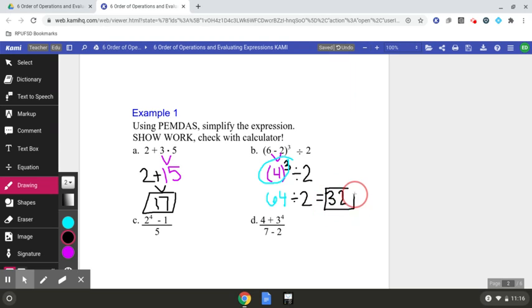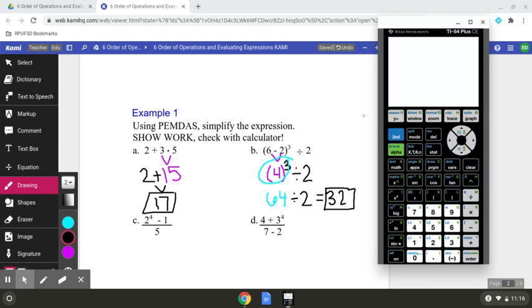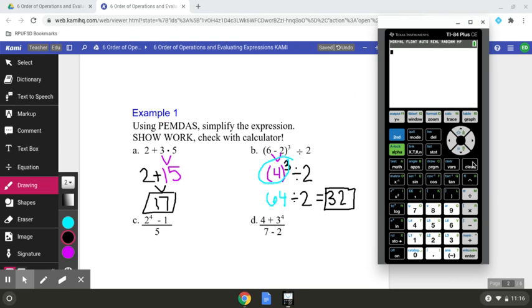Okay, so really quick, I just want to pull up the calculator now and show you that you could check both of these with the calculator. You would type in exactly what you see. So for A, we would do 2 plus 3 times 5 to get 17, which is exactly what we got. And then for the second, for B, we would do parentheses.